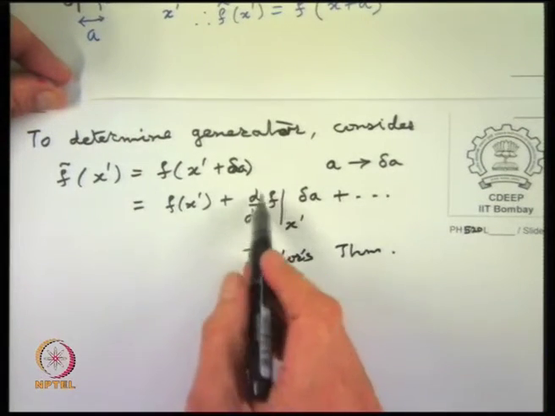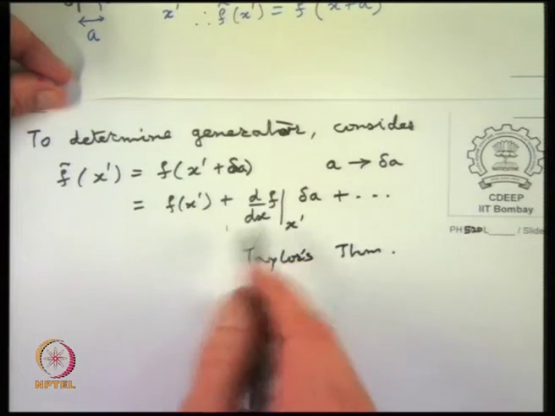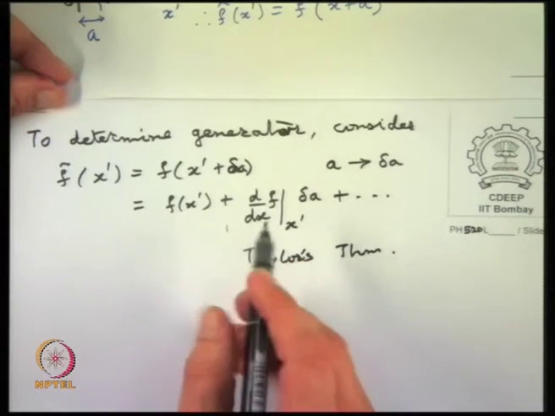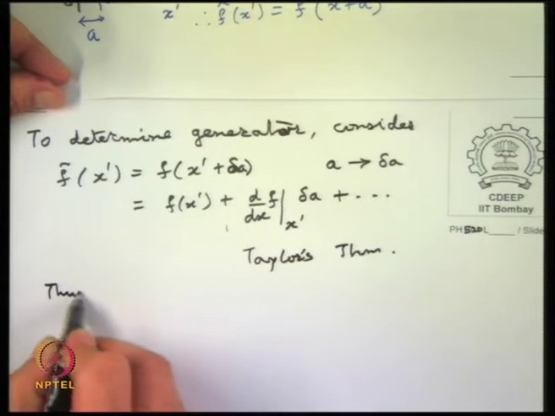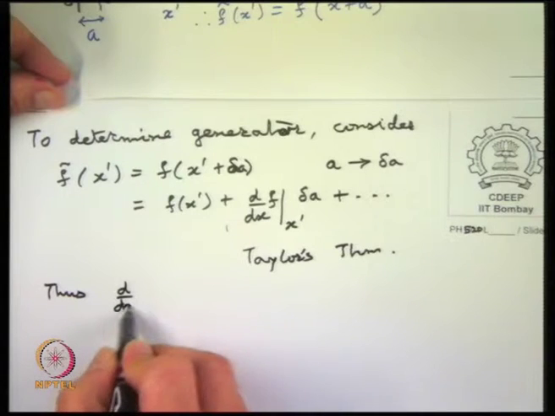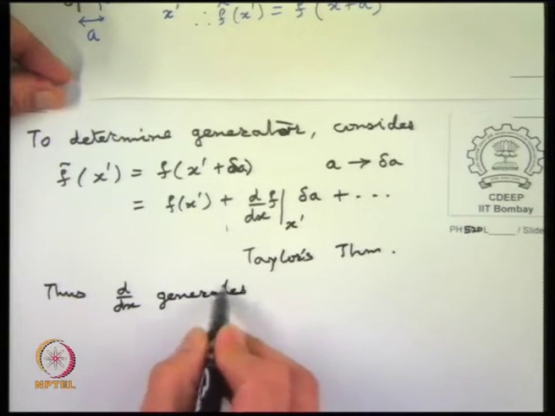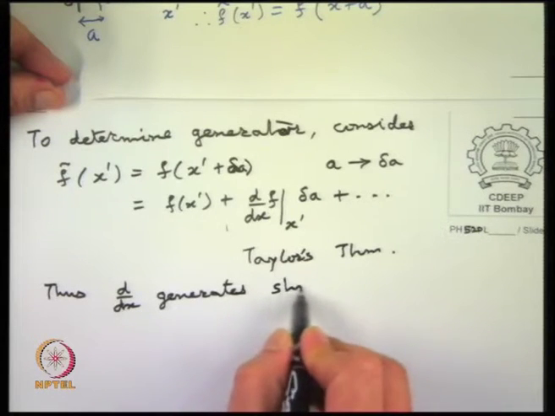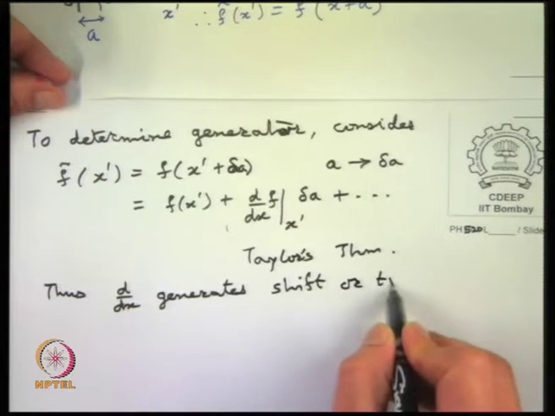So it is clear that d by dx is the generator of these shift operators. Shift or translation symmetry.